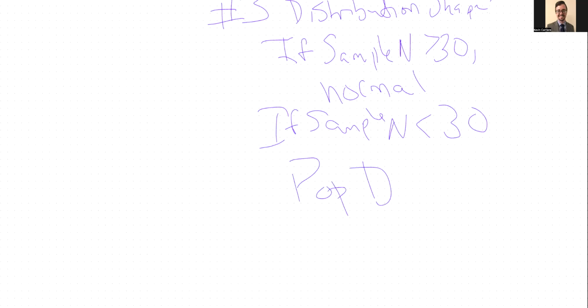Good. This was a big miss on the comprehension checks as well. Right, if your sample n is less than 30, rule 3 says your comparison distribution will take the shape of the population's distribution.